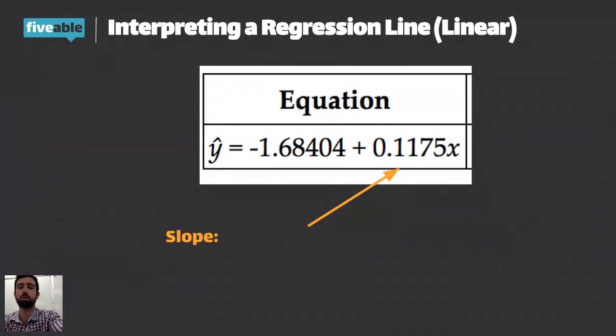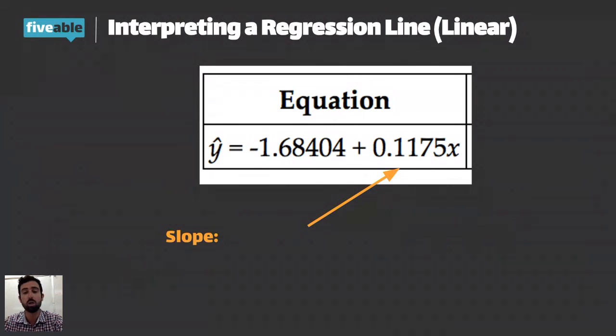And so the way we would interpret that is for every increase of 1 in our explanatory variable, so it was centimeter of height, we would predict an increase of 0.1175 centimeters in their hand span.